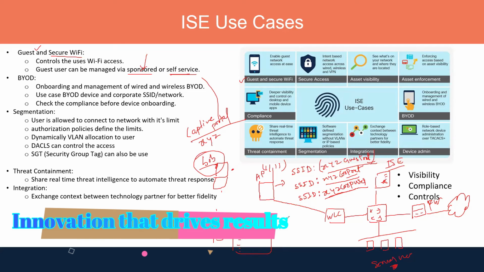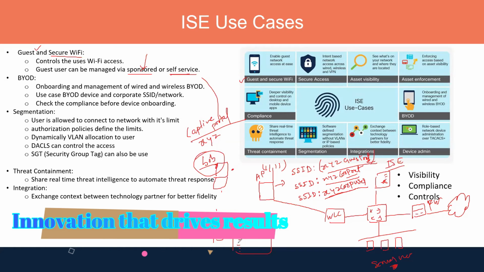Similarly, let's say it is not an interview candidate, but some marketing people are visiting our company and they just want to access the internet. We just want to allow them to access the internet via our corporate network using guest Wi-Fi.